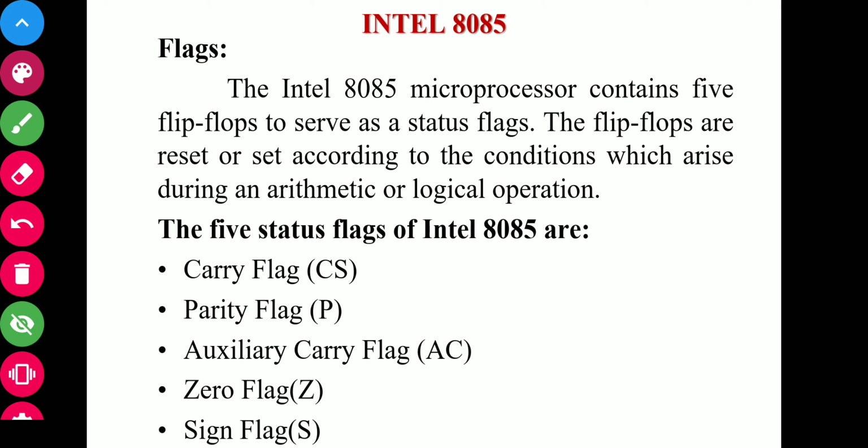You are giving some instructions through the flag, right? So likewise, the microprocessor flag is used to show the status of the microprocessor. That is the main purpose of the flag.